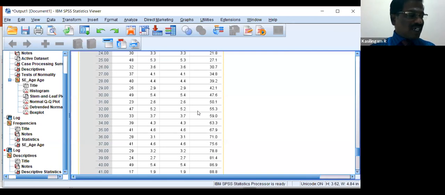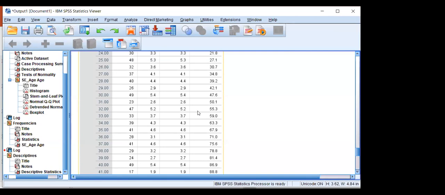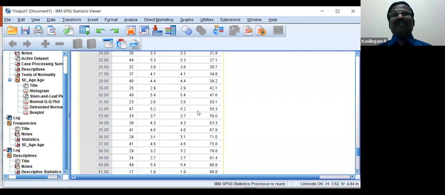Clear, sir? Not clear, madam? Very simple. More number of people are less than the mean, but the range is more above it.